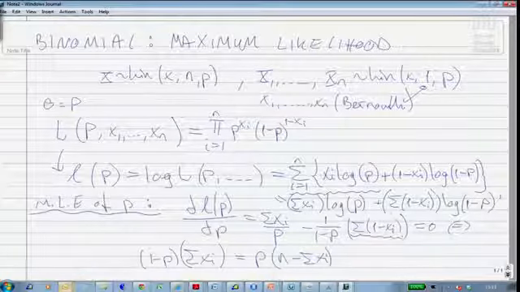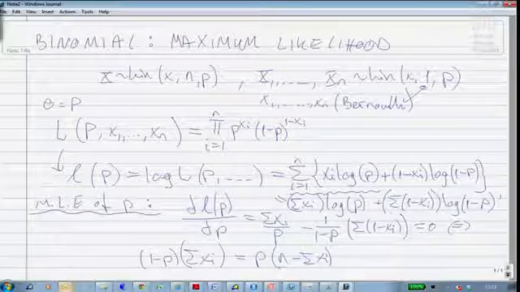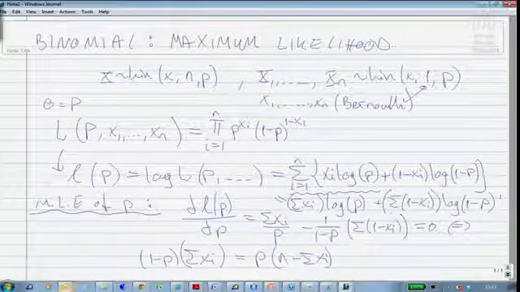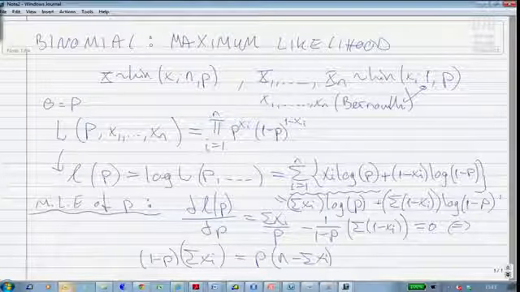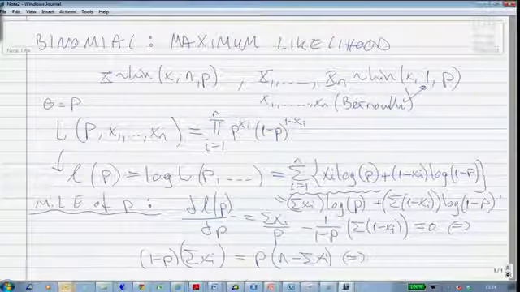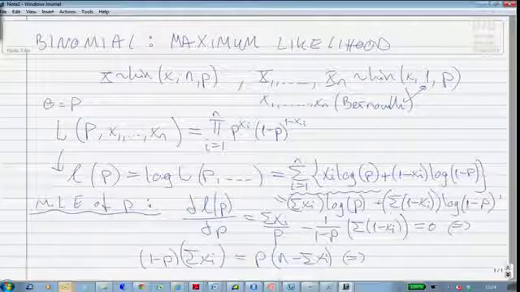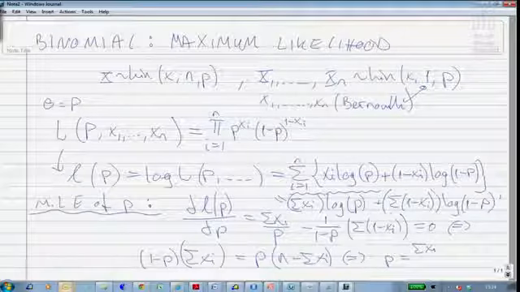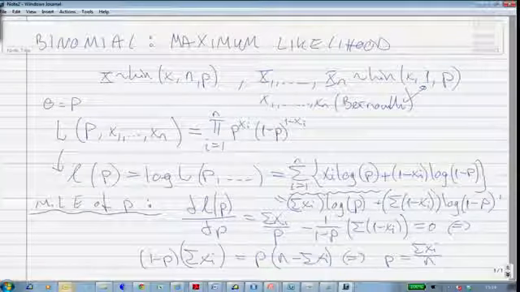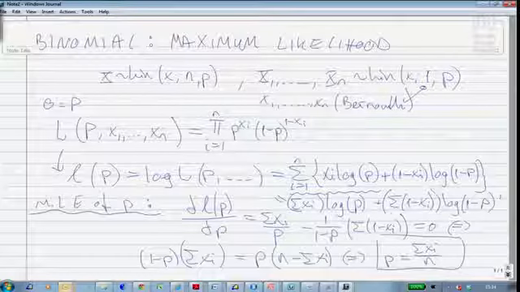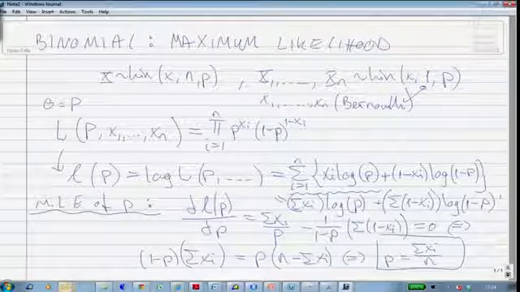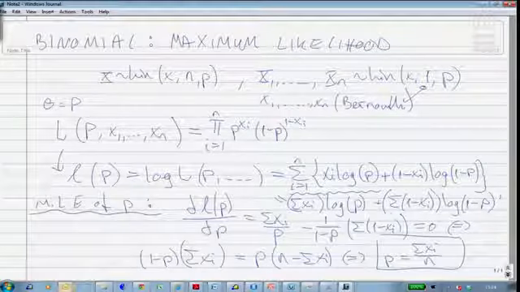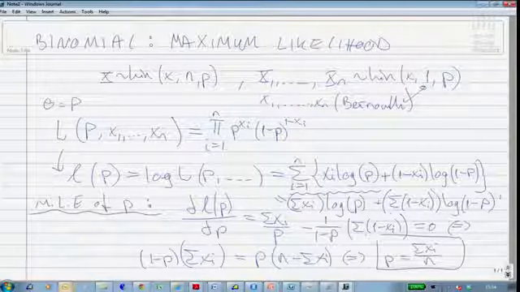I've changed this one into n minus the sum of xi. And then we solve this for p, and we get p equal to the sum of xi divided by n, which is then the well-known solution.